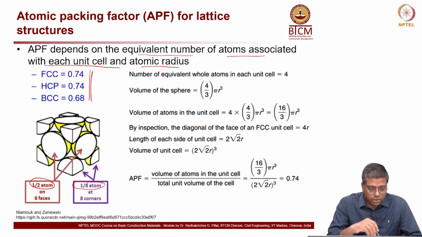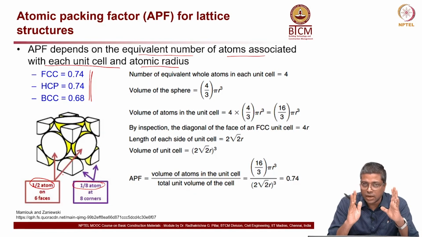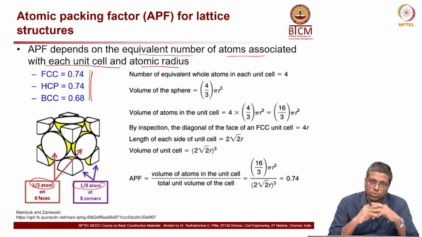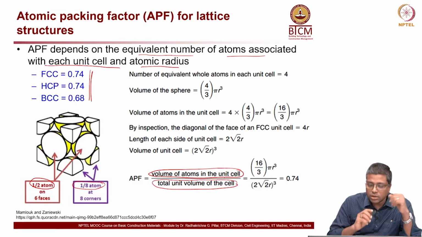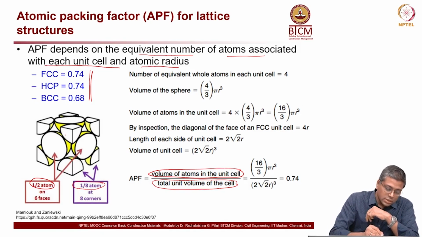Now, then what you do is you calculate the total volume of the unit cell and the volume of the share of the atoms within that unit cell. Okay. So, when you divide the volume of atoms in the unit cell by the volume of the unit cell, knowing what type of atom, you know the radius of each, you know what is this distance here, and you know what is this distance also.